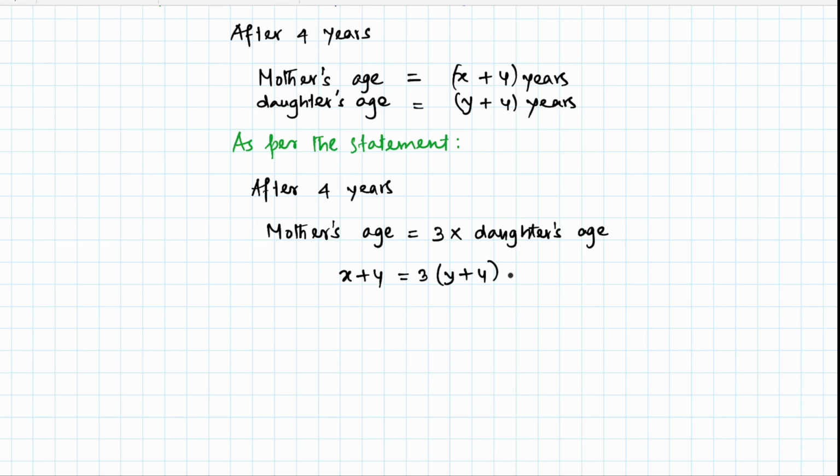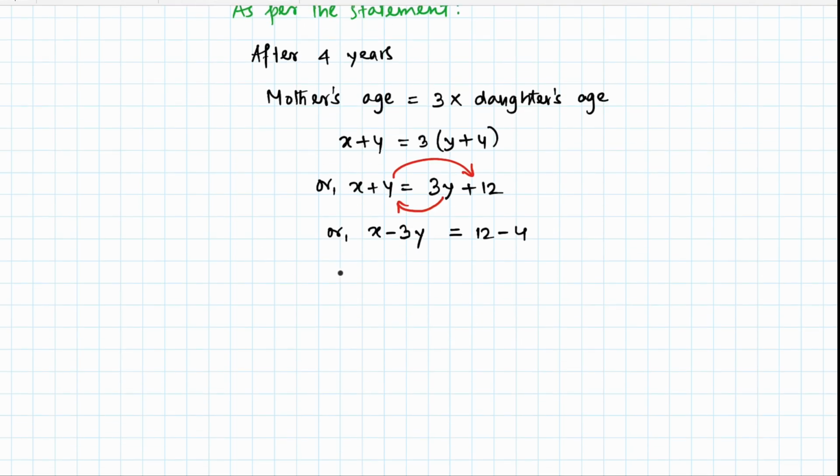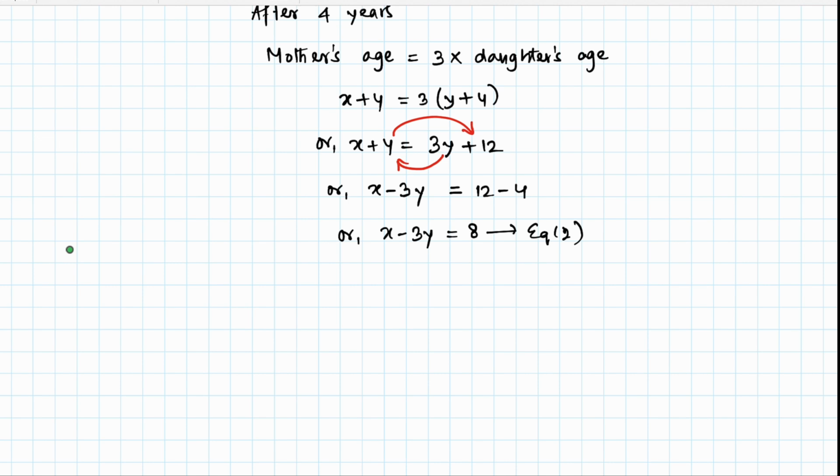Now we have to simplify this equation, and we'll get x plus 4 equal to 3y plus 12. Now we are moving 3y from right hand side to left hand side, x minus 3y equal to 12 minus 4. 4 becomes minus. That means x minus 3y is equal to 12 minus 4, that is 8. This becomes equation 2.